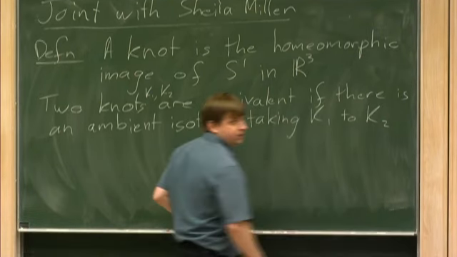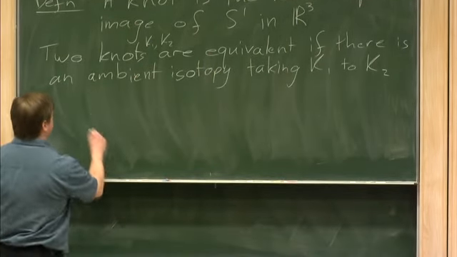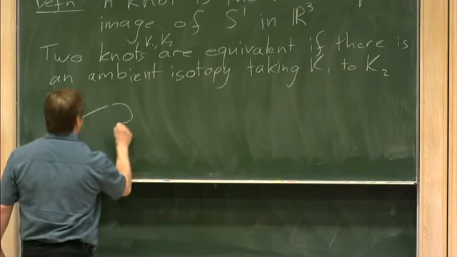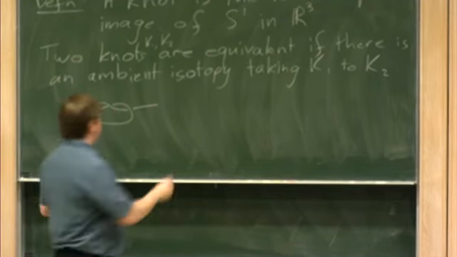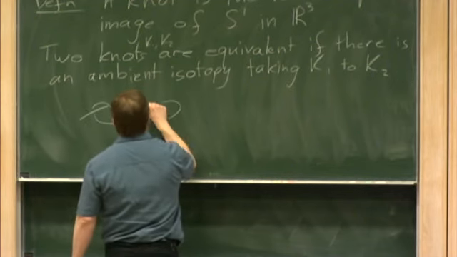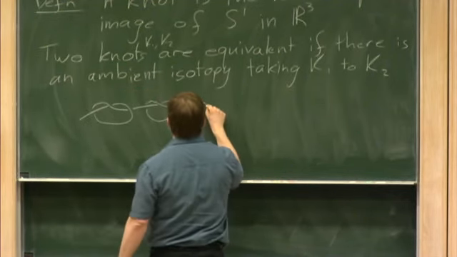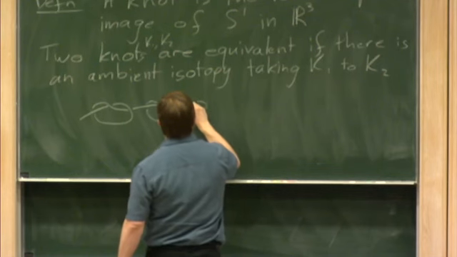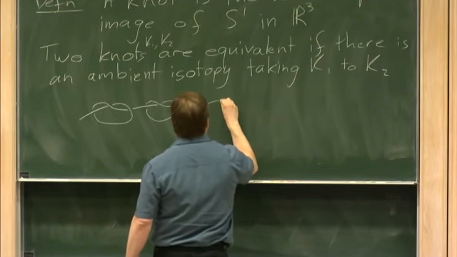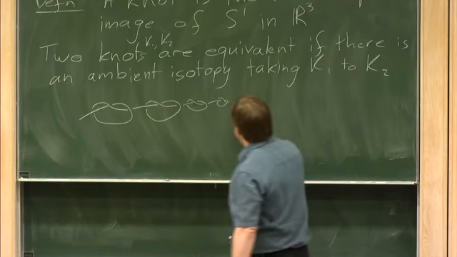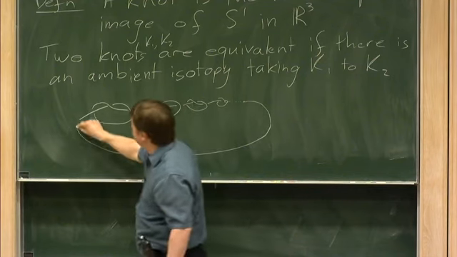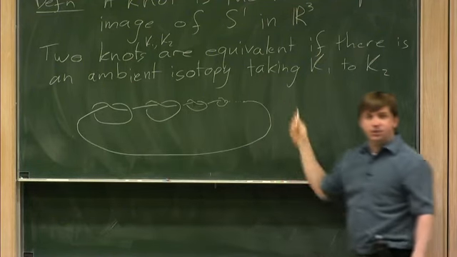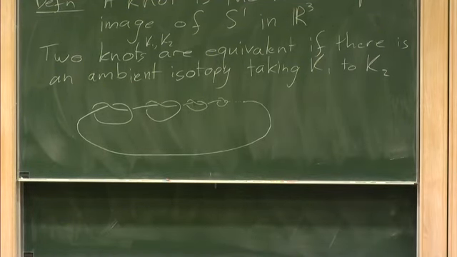But you can get some pretty pathological things going on with that. For example, you could have a trefoil knot, followed by a trefoil knot, followed by a trefoil knot, shrinking down continuously to some point and then connected around. So you have infinitely much knotting there, and that fits with this definition.